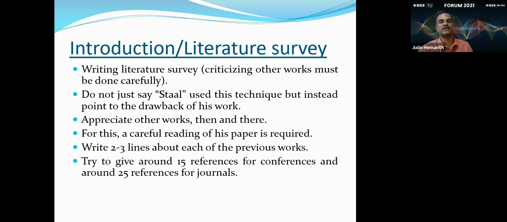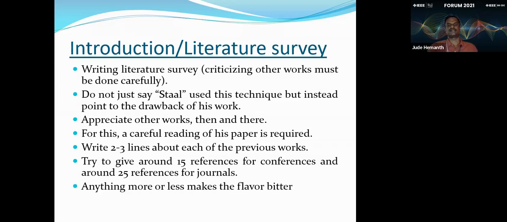Try to give around 25 references. 15 is not a good number now. So you make use of 25 references for conferences and around 30 or 35 references for journals. Don't go beyond that. If you have a review paper, then the number of papers you should have is a minimum of 150.